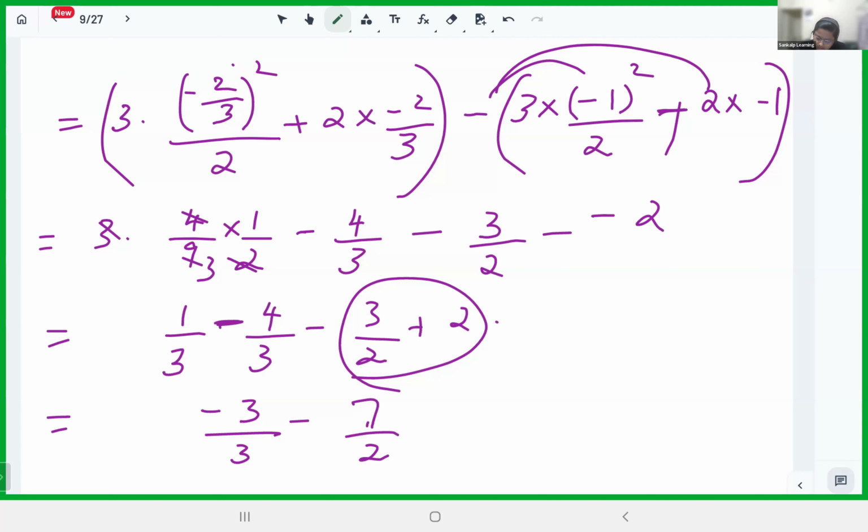So the answer is minus 6, then minus 21 by 6, so this is equal to minus 27 by 6.